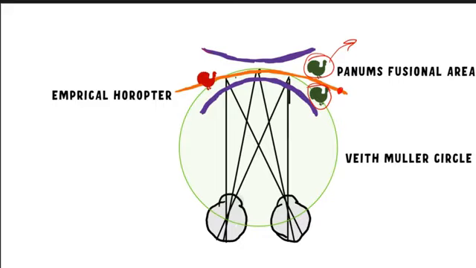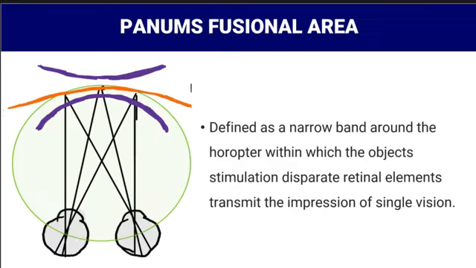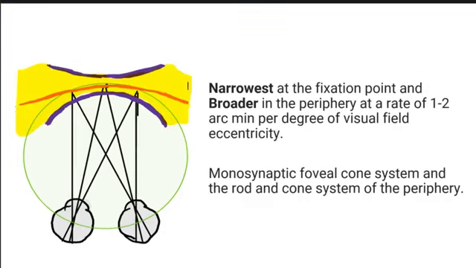So these two lines represent the boundary of a zone in which, despite having retinal disparity, that means despite the object not falling on corresponding points of the two retinae, they will still be perceived as single, and this zone is known as Panum's fusional area. So from here to here is a zone, and this is known as Panum's fusional area. So I hope that is clear.